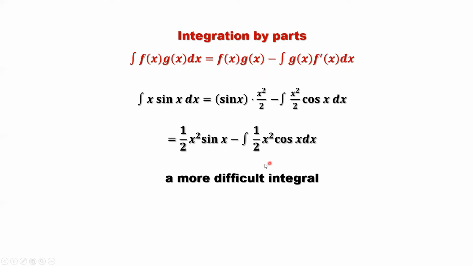If we are repeating, consider cosine is f, and this is g prime. Next time, you will get an x to the power 3 term, and it's more difficult. For this kind of problem, how to solve it? We always pick the power term as f, x to the power, like 3, 4.